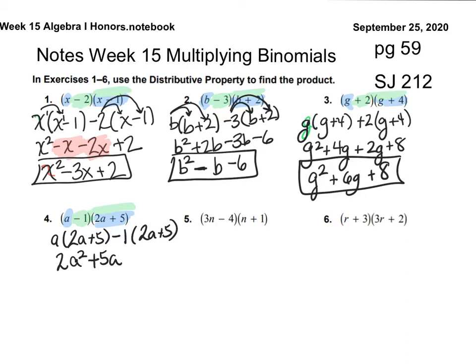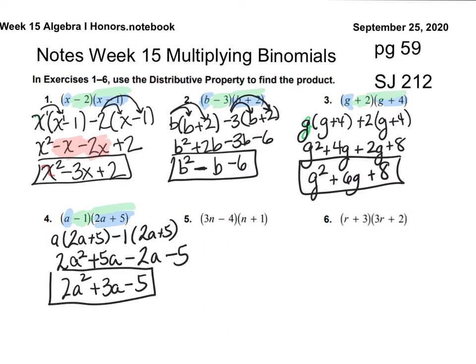Negative 1 times 2a is negative 2a. Negative times a positive is a negative. Negative 1 times 5 is negative 5. Combine like terms. 2a squared, 5a minus 2a is plus 3a, minus 5. And that's my answer. There are no more like terms.